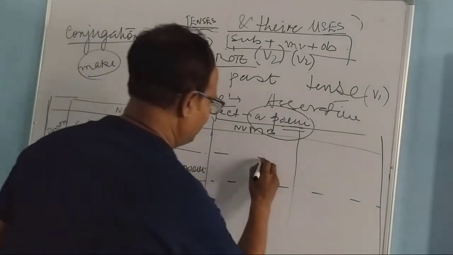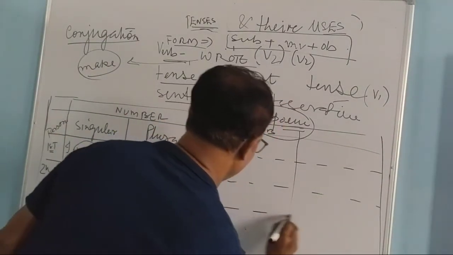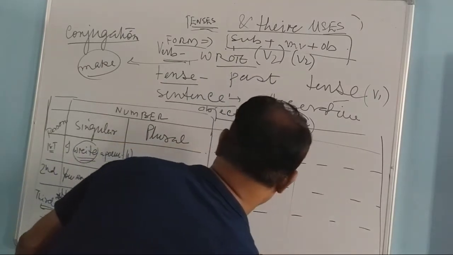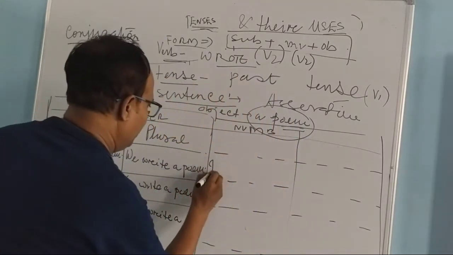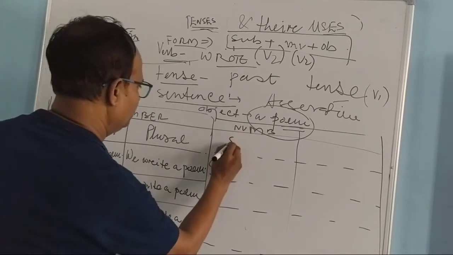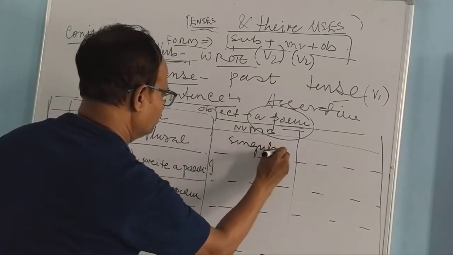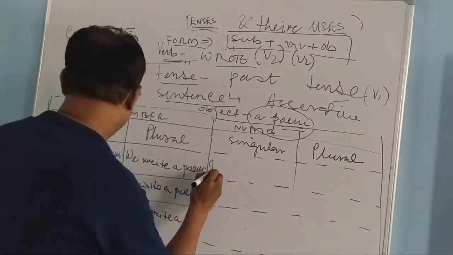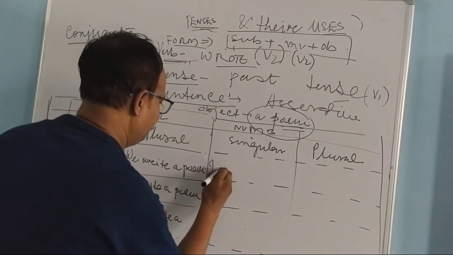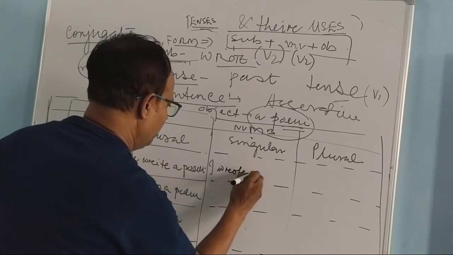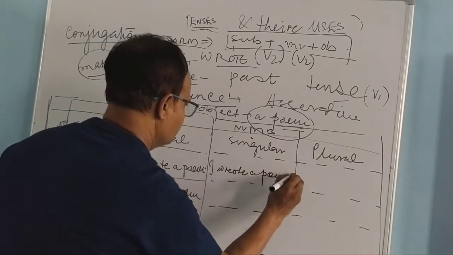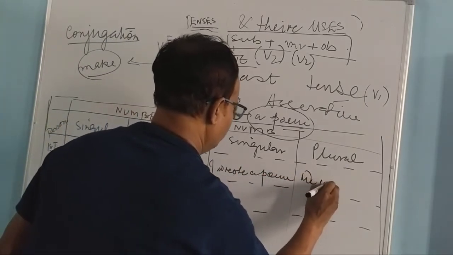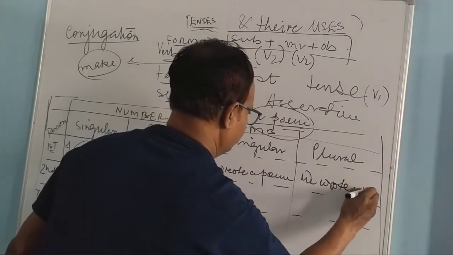Therefore, the form here will be, my dear children: this is singular, this is plural. The first person in the past will be "I wrote a poem." Plural, "We wrote a poem."